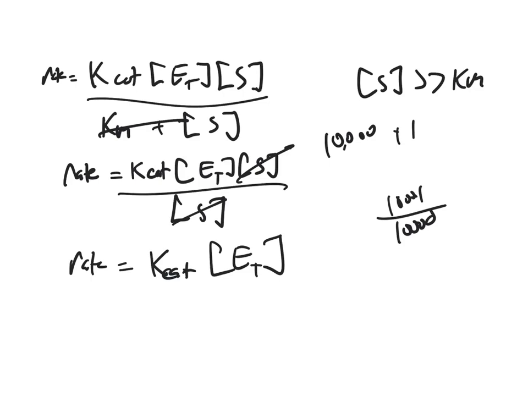So if we take this and we look at what a first order looks like next to it, or it should be A. So when they say that at high substrate concentrations, your Michaelis-Menten behaves as like a first order or a pseudo first order reaction, this is what they're referring to.